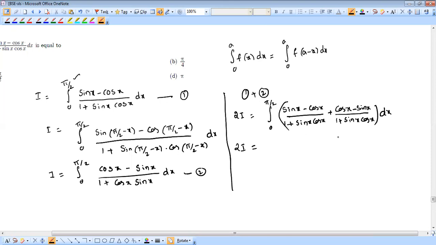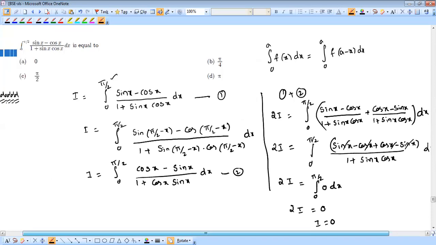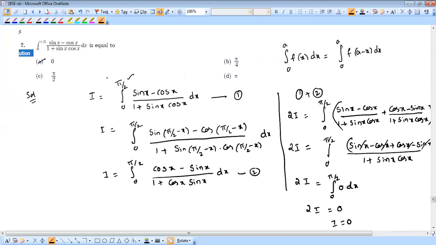The LCM will be 1 plus sin x cos x. Numerators you have to add: sin x minus cos x and cos x minus sin x. All of them cancel. So 2I is integration 0 to pi by 2 of 0 dx, and 2I is equal to 0, then the I value will be 0. So option A is the right answer.